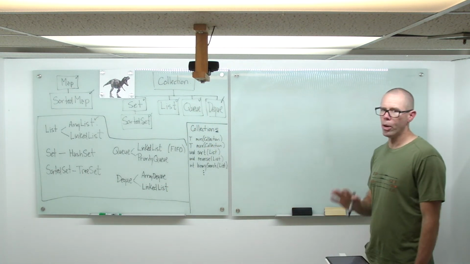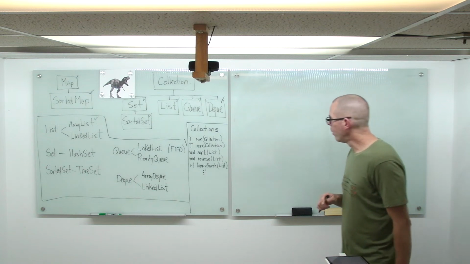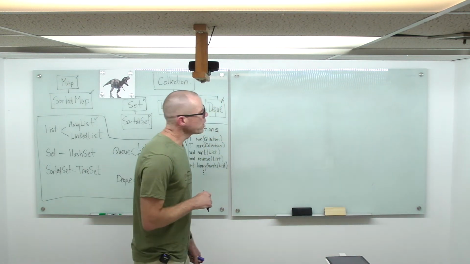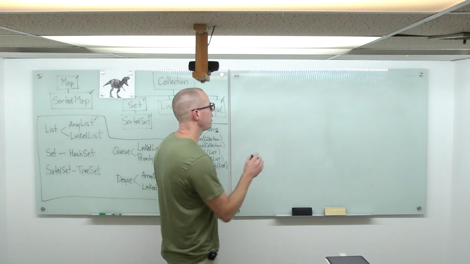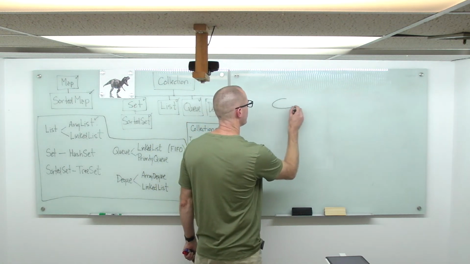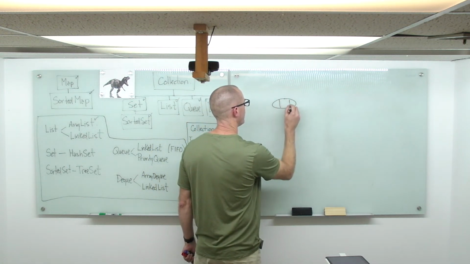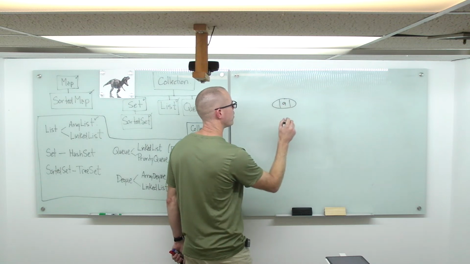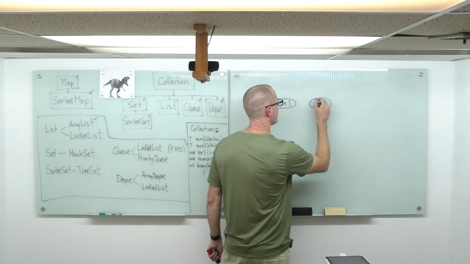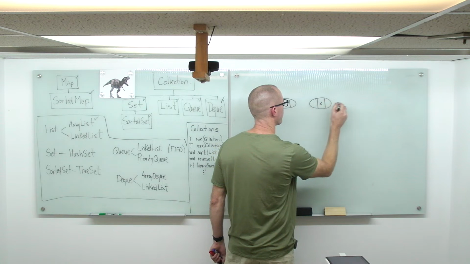So there you don't use an array. What happens is each element in your list is contained in a little object called a node. So if you have a list that contains a bunch of things, that list contains a bunch of nodes.